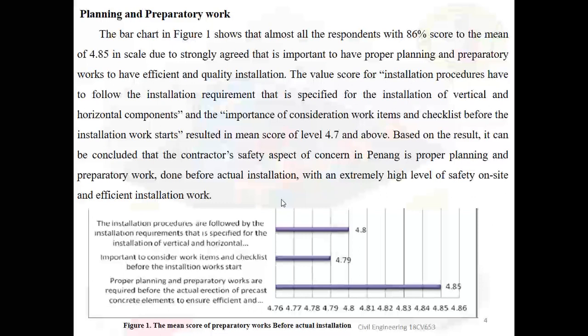In this bar chart, it says that as per the data collected, most of them have agreed that proper planning and preparation was needed before installation.